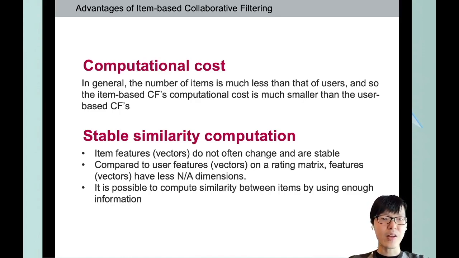Item feature vectors don't often change compared with user preference vectors. Also, compared with user preference on a rating matrix, item feature vectors have fewer missing-value dimensions. And so we can compute the similarity between items using enough information.